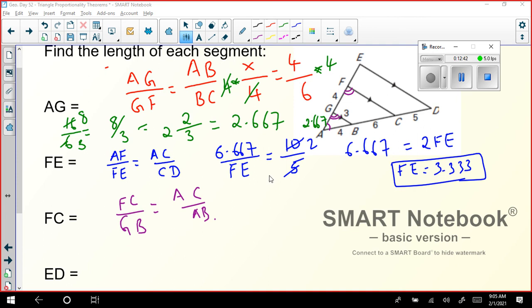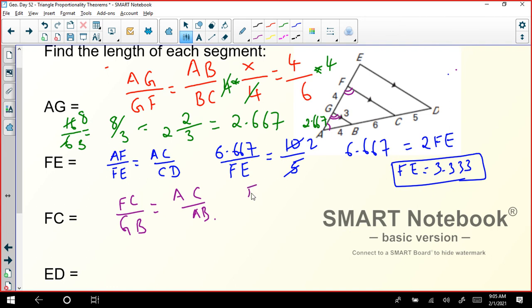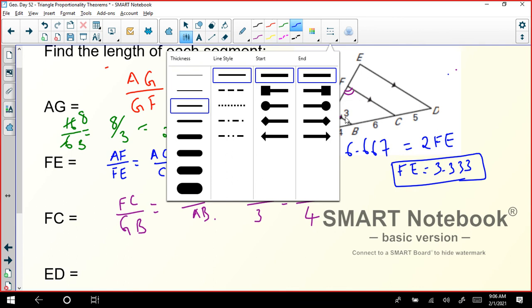I think it should come up to 7.5. FC is not given, so just leave it as FC itself. And GB is 3. AC is going to be AB plus BC, which is 4 plus 6, that is 10, divided by AB, which is 4. So FC is going to be finally multiplied by 3 on both sides to get your FC.